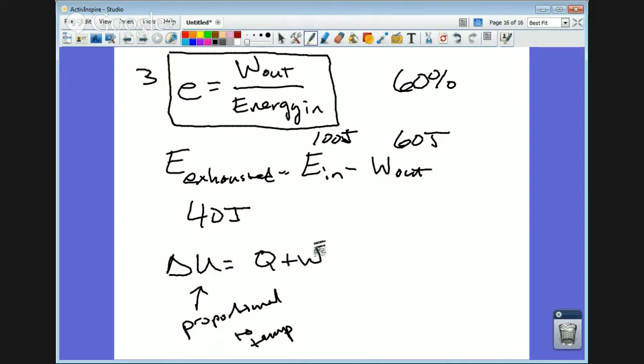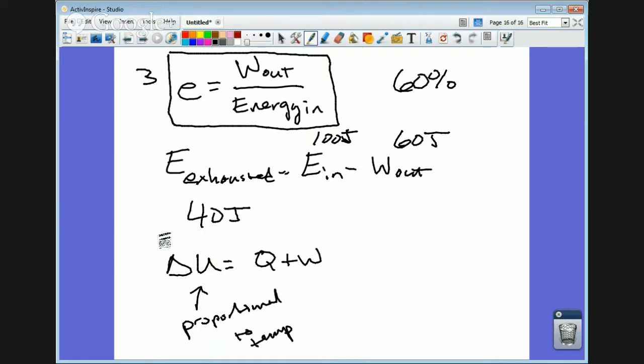Now, as far as whether the work is going to be positive or negative, you need to think about what this should do to the temperature of the gas. If I push a piston in, I'm doing positive work, and that should make the temperature of the gas go up. So I should add that. If the gas pushes the piston out, the gas is doing positive work, and it should lose energy. And so you should subtract that. As far as the heat, if the gas absorbs heat, it's positive. If it gives off heat, it is negative. Right? So that's really simple.